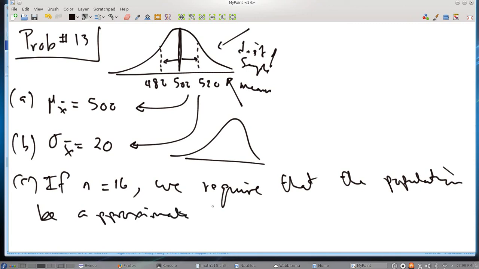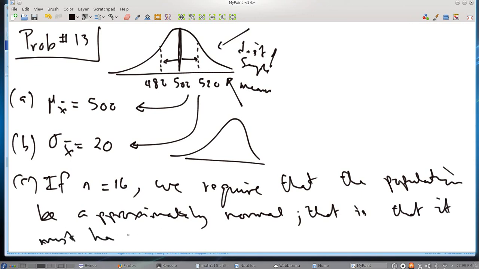Not necessarily truly normal, but approximately normal. Sometimes we say it like that, just to have a minimum requirement, and that is that it must have a normal distribution, or an approximately normal distribution. That's what we require. We require that the population be normal for a sample size less than 30. Okay, that is the question that we needed to answer.